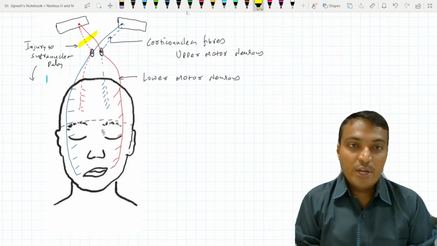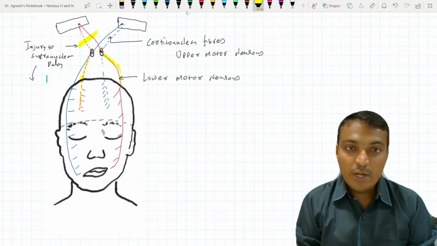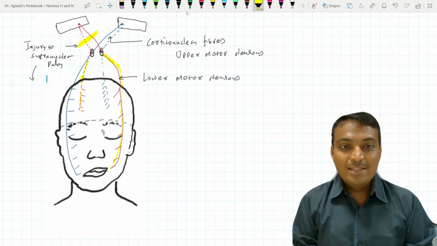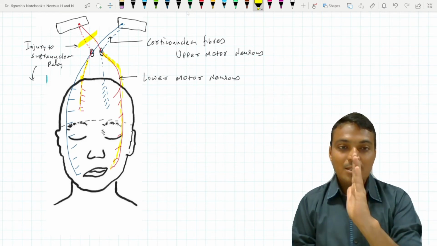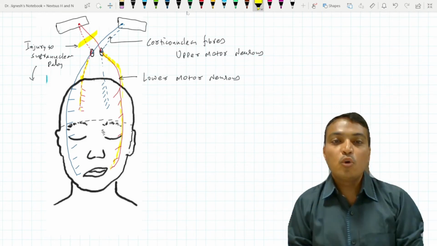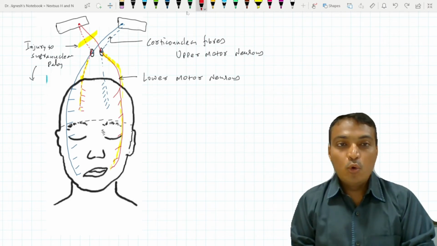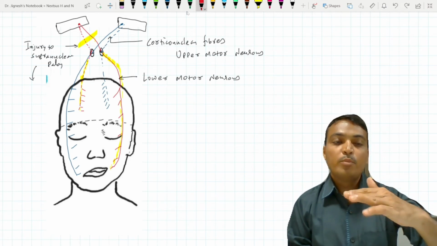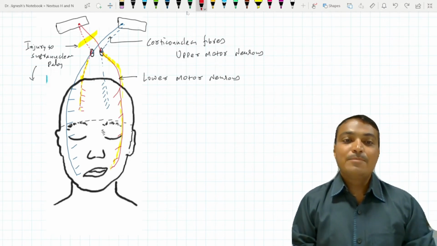In case of the supranuclear palsy, these fibers are going to be affected, as well as these fibers. So the same sided facial expression muscles are preserved by the opposite sided corticonuclear fibers, while the contralateral side of the facial expression muscles are affected because of the injury to the supranuclear fibers of the left side.